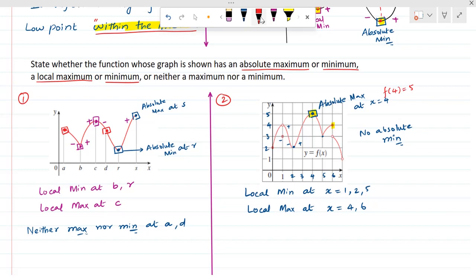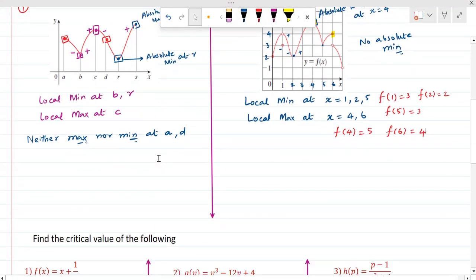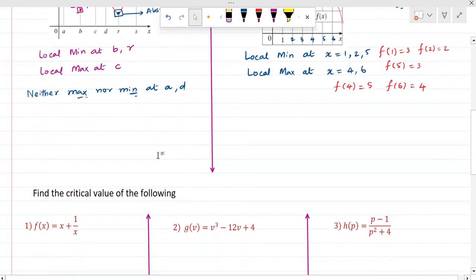And here, f of 1 is 3, f of 2 is 2, f of 5 is also 3, and similarly f of 4 is 5, and f of 6 equals 4. So this is what we have. The graph is given, and we find the local maximum, minimum, absolute maximum and minimum.